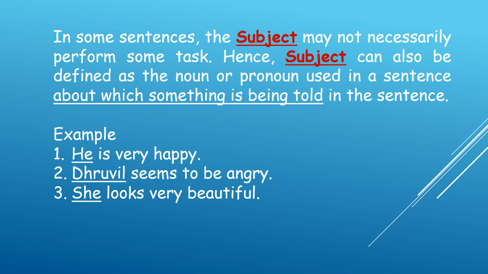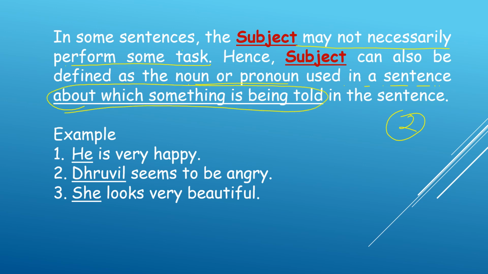But in some sentences what happens? Subject may not necessarily perform some task. So this is our second possibility. So what can the subject do? The subject can also be defined as a noun or pronoun which is used in a sentence and about which something is being told. So actually the subject is not doing any action, but something is told about the subject.